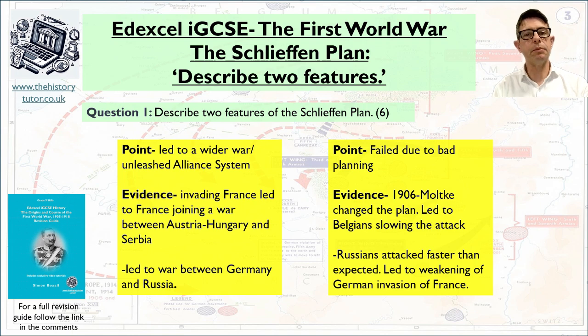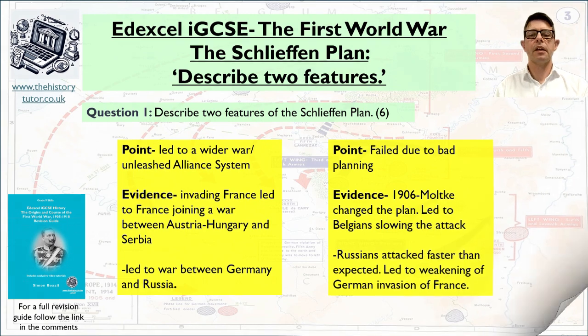But by restricting his movement just through Belgium, the attack was slowed down by the Belgians, and that enabled the British to arrive and the French to turn around from their positions to come and stop the German attack. Also, between 1906 and 1914, the Russians had built more railway lines, they'd improved their transport facilities and their military planning. This meant the Russians attacked much faster than expected. And this weakened the Schlieffen Plan because they had to move soldiers from the west to the east to stop the invasion.